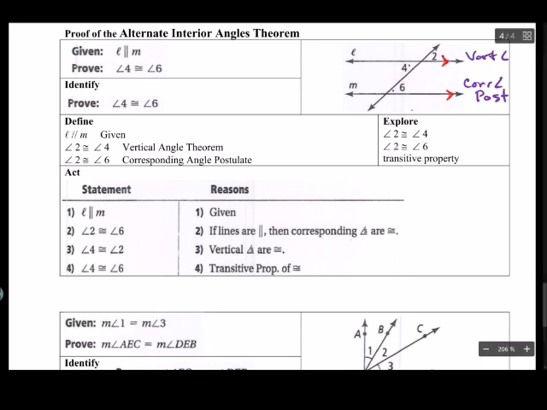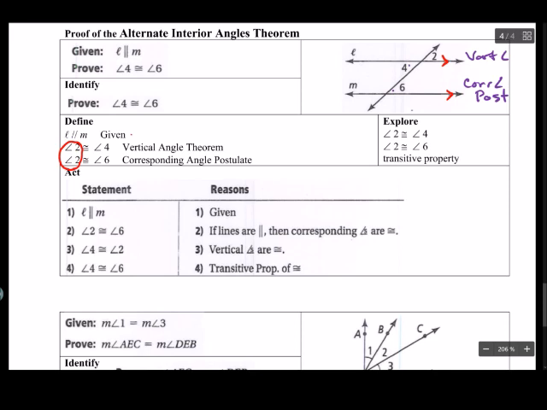So we are given parallel lines. That's our first thing here, given parallel lines. We can say that angle 2 and angle 4 are congruent by the vertical angle theorem, and angle 2 and angle 6 are congruent by the corresponding angle postulate. And why did we want to do this? Because look right there.